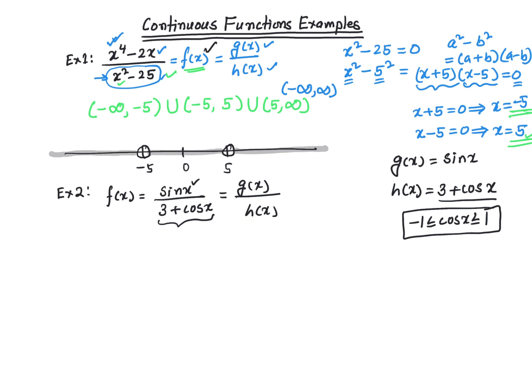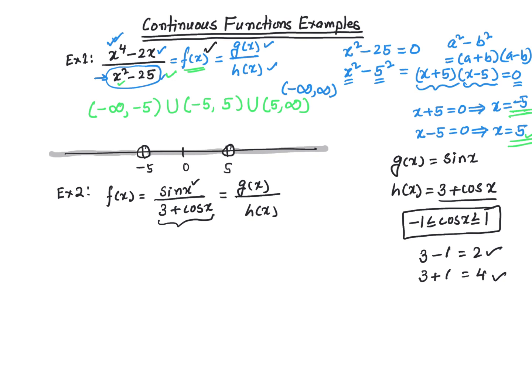The smallest value it could have is negative 1. In that case, you will have 3 minus 1, which is 2. And the largest value it could have is positive 1, so it's going to be 3 plus 1, which is 4. The denominator is going to be restricted between 2 and 4. So, of course, between 2 and 4, there is no 0.